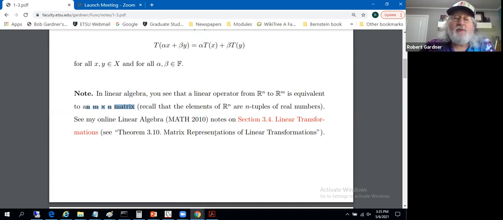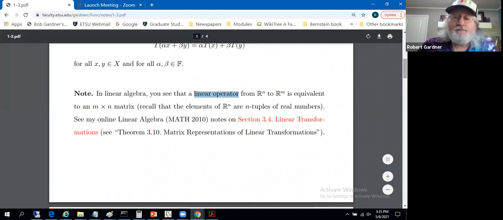Every matrix of appropriate size determines a linear transformation, and every linear transformation between these two sets determines a matrix. It's computed by applying the transformation to basis elements. So you've seen this idea of a linear operator or linear transformation before, and they were related to matrices in the linear algebra setting.